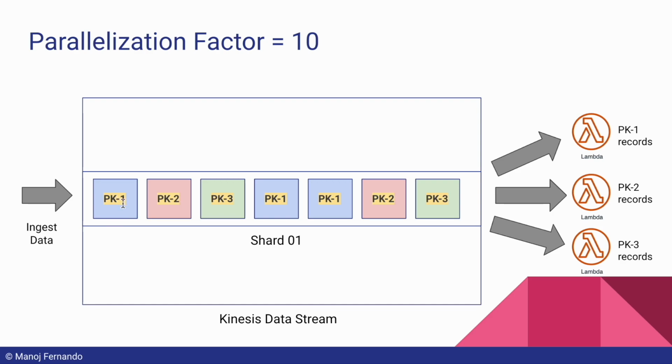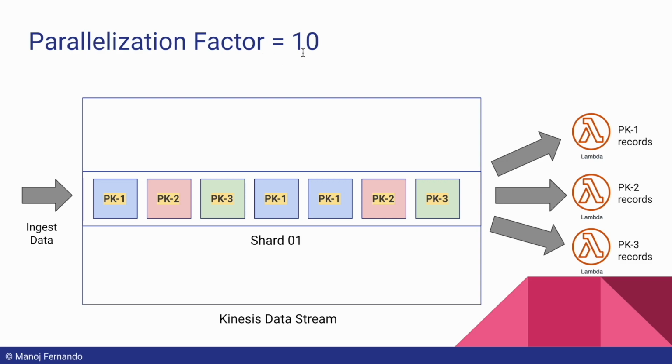In this example, we have records, some belonging to partition key 1, the blue color one, this one and this one, and then PK2, partition key 2, the red color one, and partition key 3, which is represented in green color. Since we have three partition keys landed on the same shard, because we have only one shard here, there will be 3 Lambda parallel invocations.